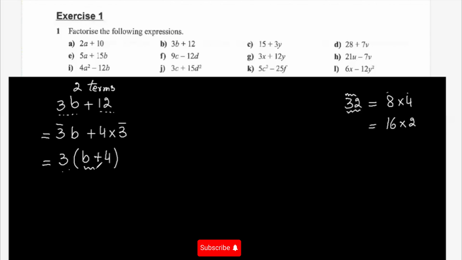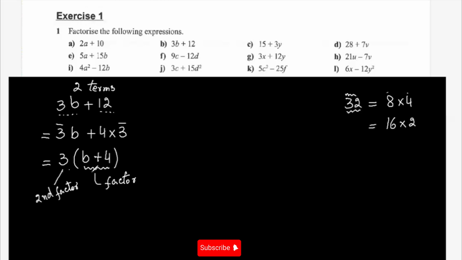So this b plus 4 is a factor, and 3 is a second factor. And these two are the factors of 3b plus 12.